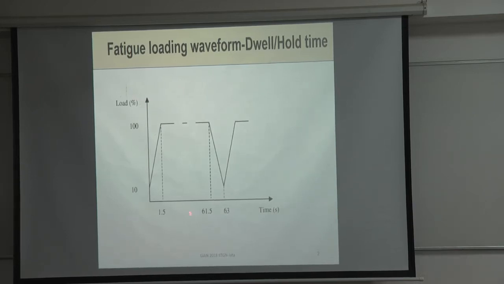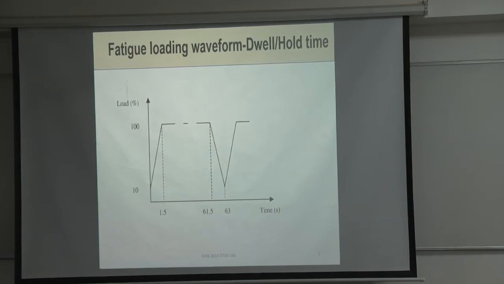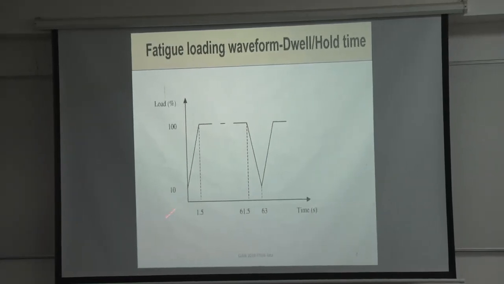Okay, so here we have a waveform that looks like this. You're ramping up, like an aircraft taking off, and there is a little bit of cruise here, and then coming down. I put here 60 seconds, 1 minute, and then it's coming down.